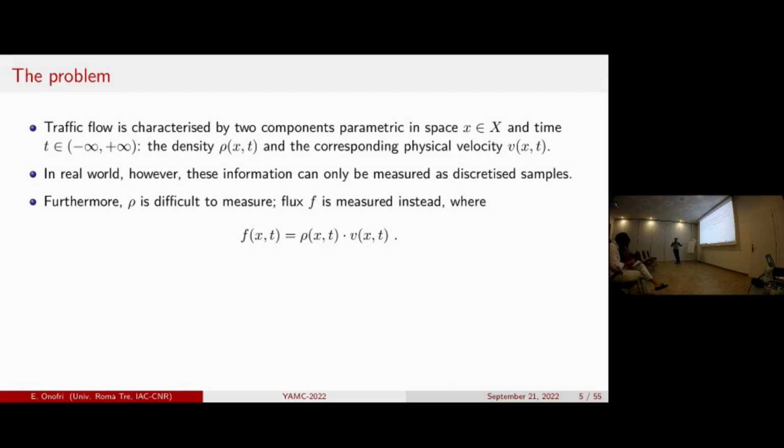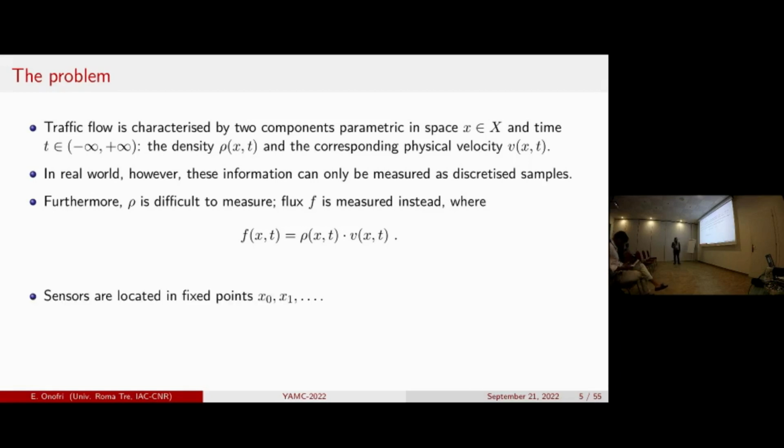We use fluid dynamics rules, but traffic is not liquid. So we usually measure flux instead, as the number of cars that pass through a certain point of the street. And this flux is related by a very trivial rule: density multiplied by velocity.